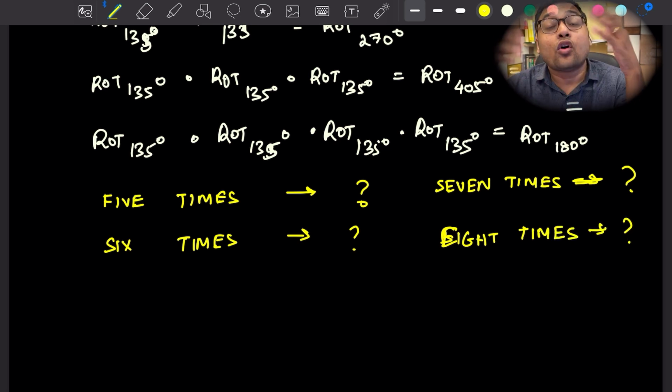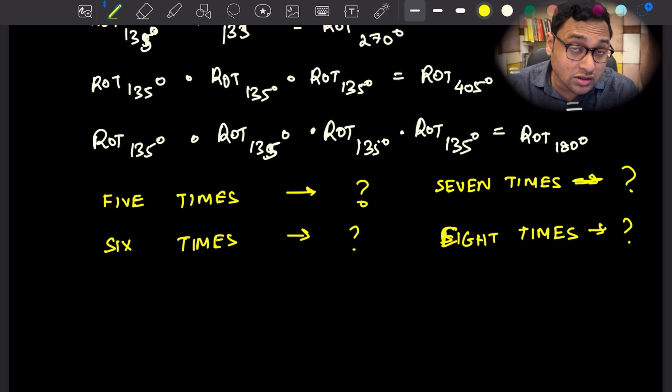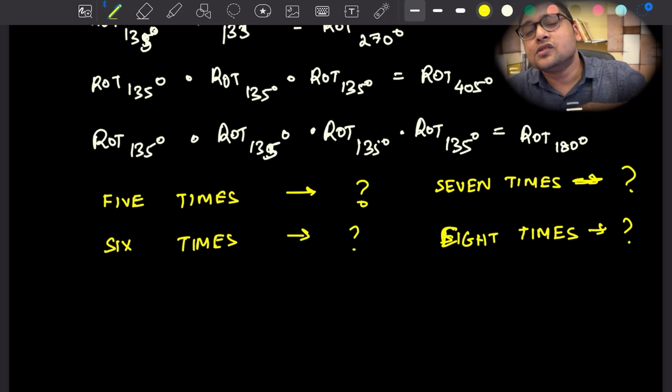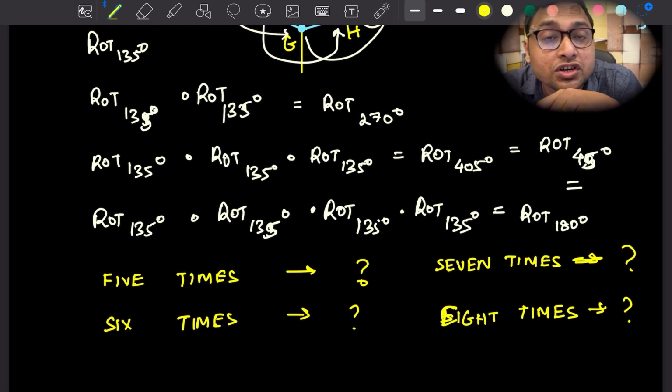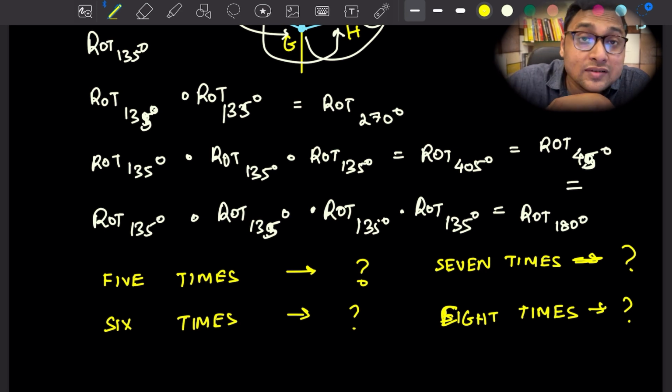Turns out that there are 8 rotational symmetries of the octagon, because it's all the multiples of 45 up to 360. So all 8 rotational symmetries will come up just using the rotation by 135, composing it with itself.